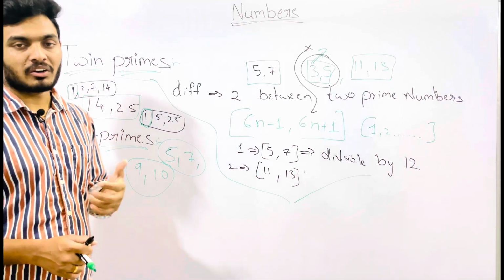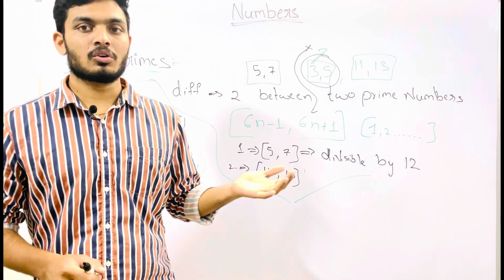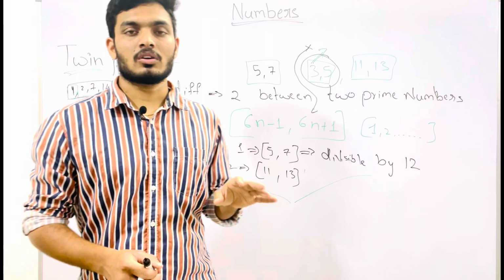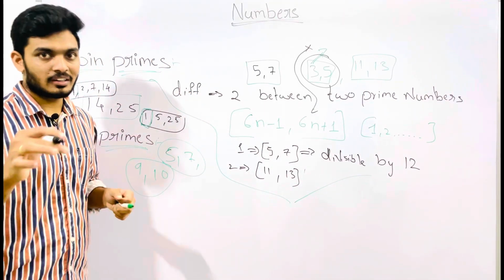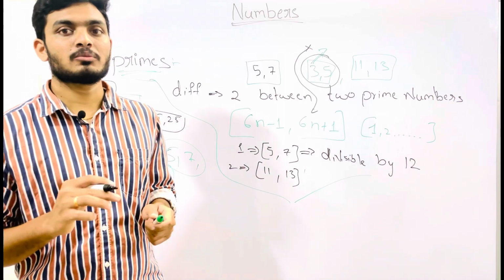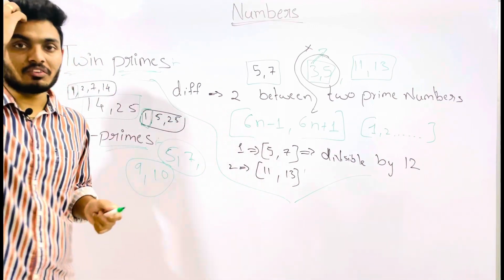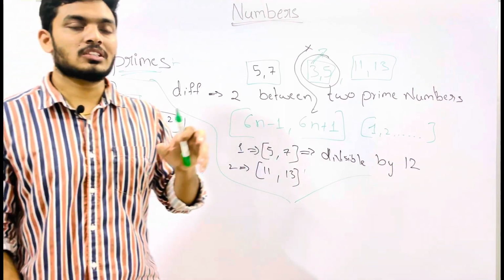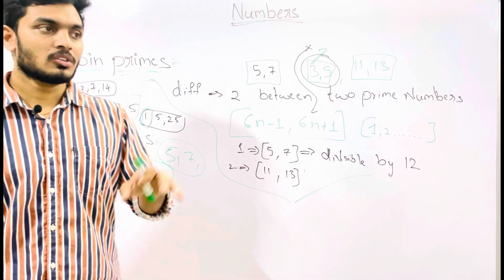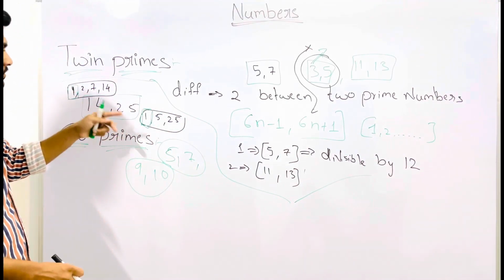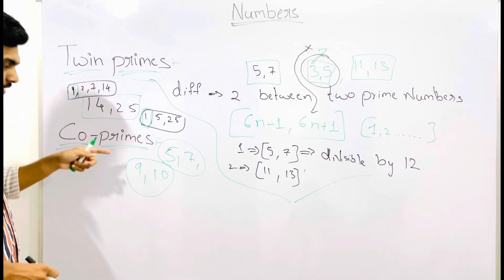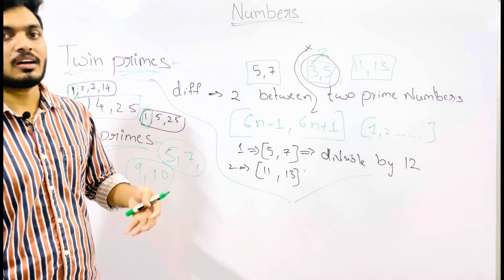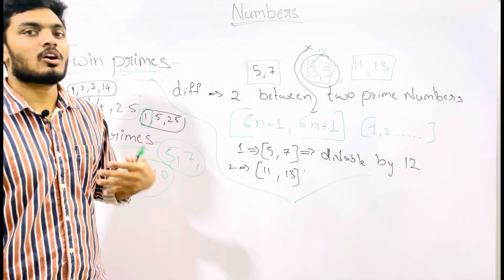If the common factor is 2 or 3 or 4, those numbers are not called coprimes. As I mentioned earlier, the HCF of coprimes should always be 1. HCF stands for highest common factor, and there may be more than one common factor.